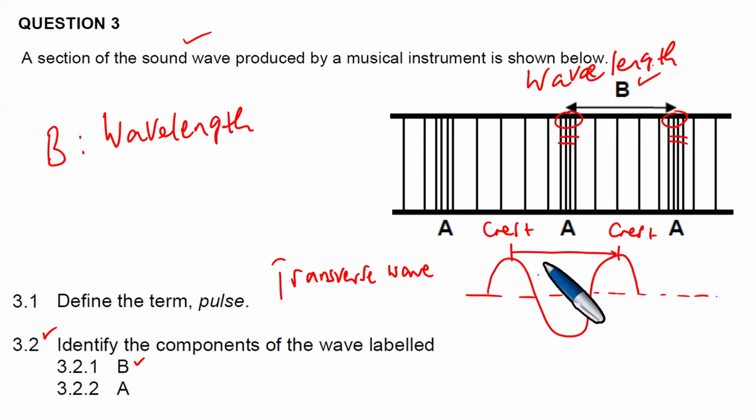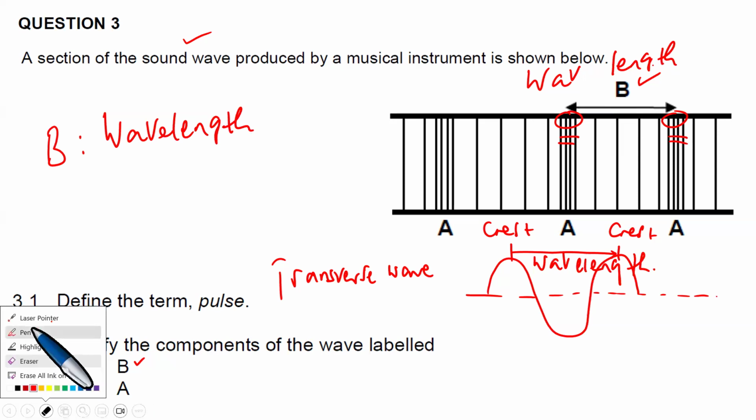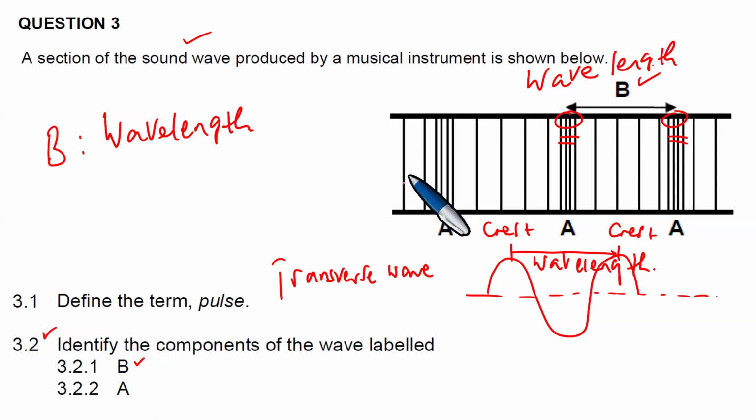So from crest to crest, or from trough to trough, is called the wavelength. All right, take note of that and we continue to look at more things that matter.